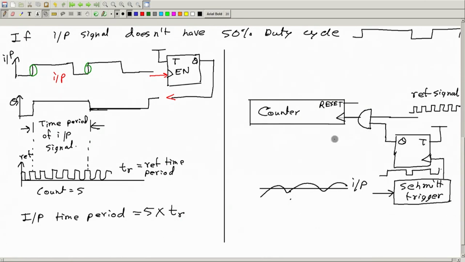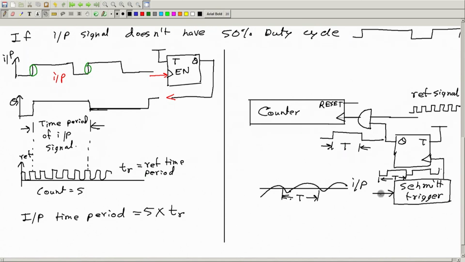And after this we will have a waveform which will be like this. This time, if we call it t, this is the same as the time period here. So, this is one time period, this is t, which is the same as one time period here. This will also be t.